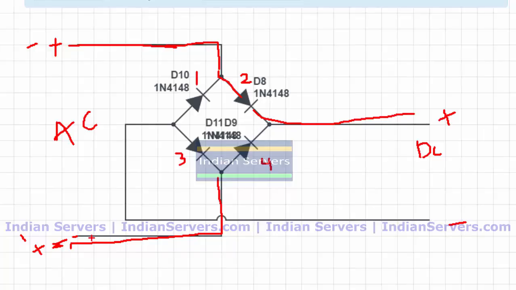Coming to the negative side, here this diode 4 will oppose the negative because this negative is going to connect with the positive of the diode. So it is in reverse bias where it will oppose the negative direction coming from the source. So at this time it will try to enter into diode 3. So here negative is connected with the negative, and here finally we will get negative.